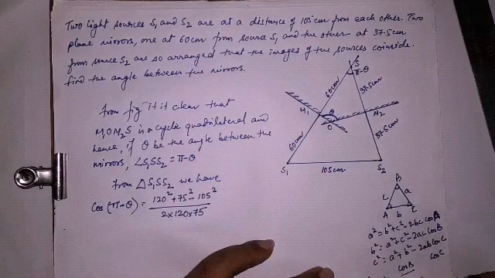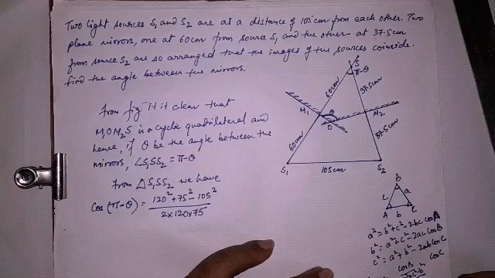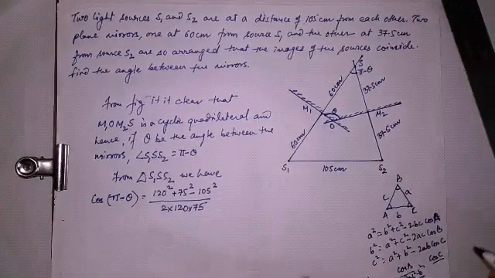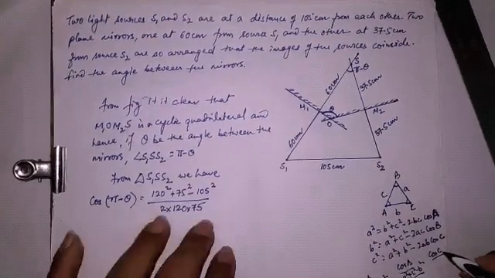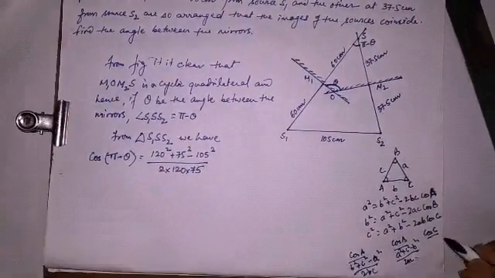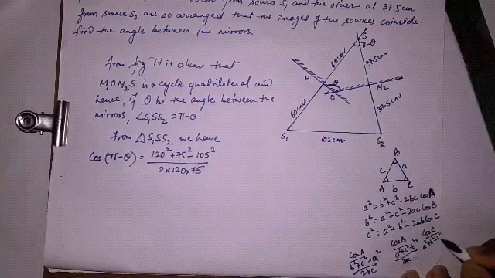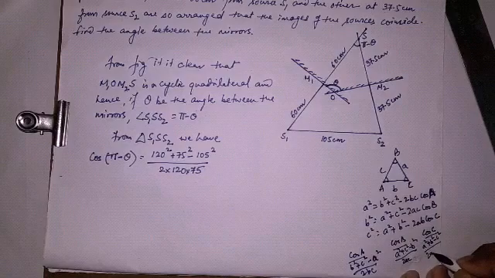Cos of B is written as a square plus c square minus b square divided by 2ac, and cos of C is written as a square plus b square minus c square divided by 2ab.